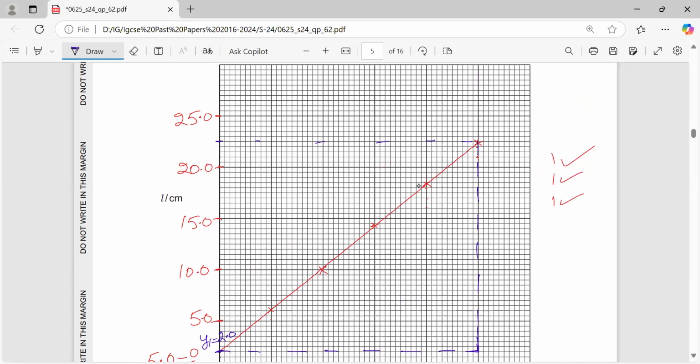So 20, 21, 22, 22.5. 1, 2, 3, 4, 5 lines. So this is y2 here. The examiner told that your values must be shown.